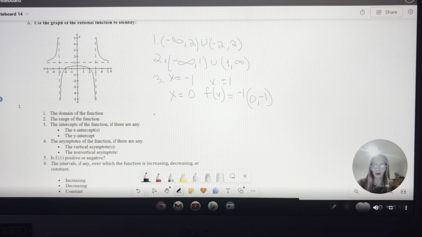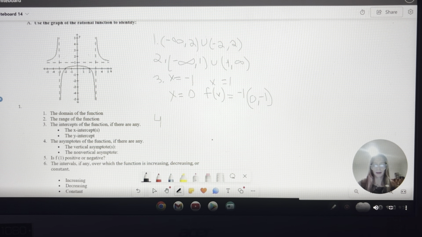So for number 4, the asymptotes are where the graph becomes undefined.